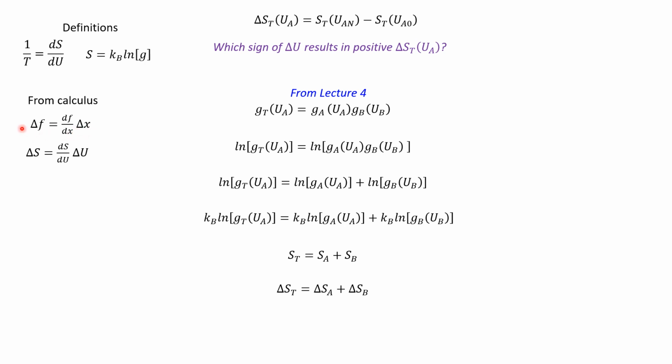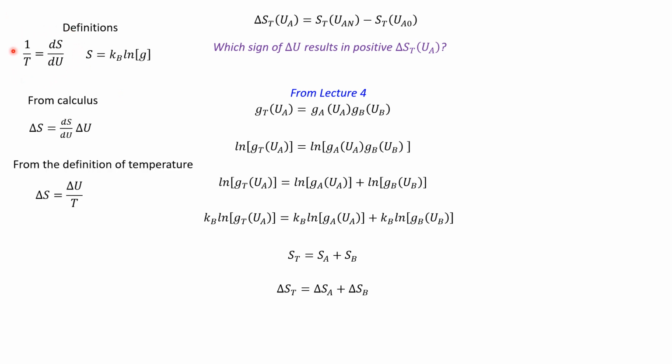So if we apply this identity to the particular case of the entropy, which is a function of the energy, then we get that delta S is given by the derivative of the entropy with respect to the energy times delta U, a small variation of the energy.